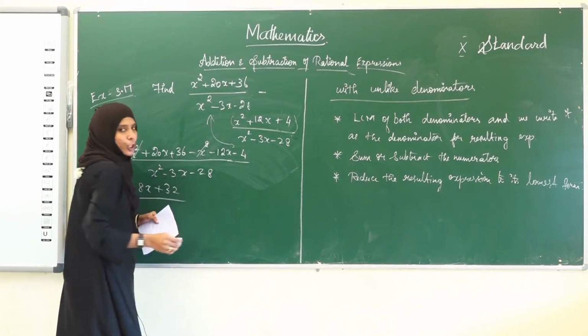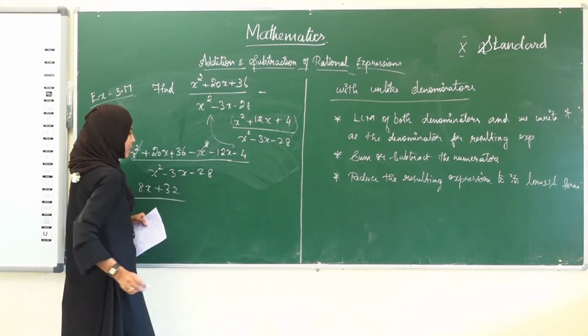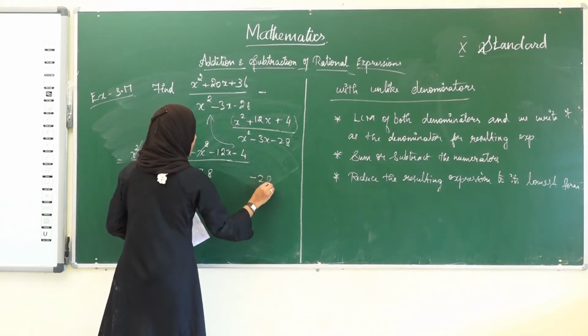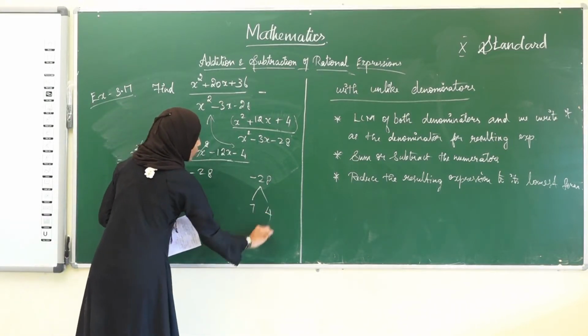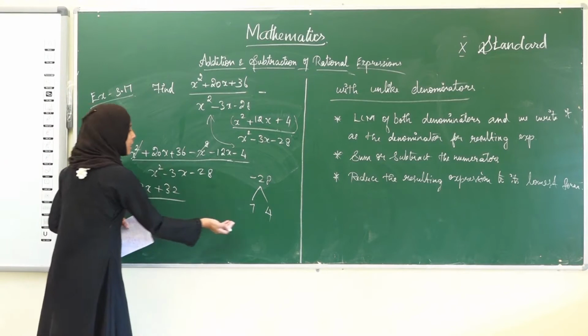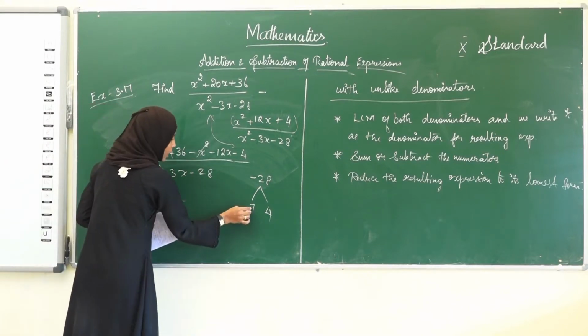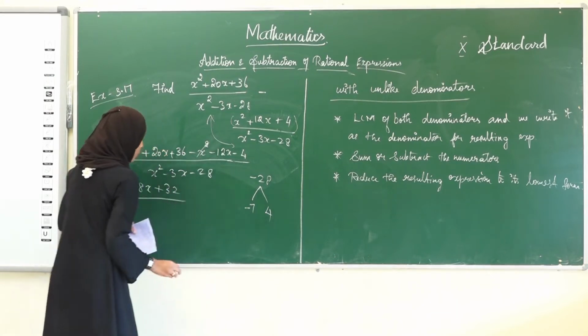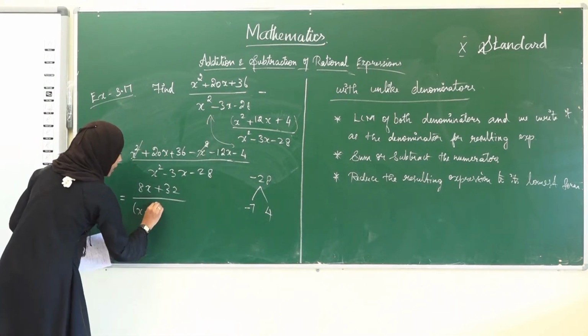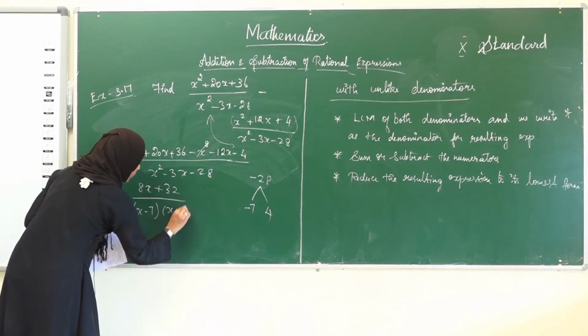This expression we are going to factorize, we are going to find the factors. See, minus 28. How can we factor this? 7 times 4 is 28. When adding, we should get minus 3. If we add, we get minus 3, and if we multiply, we get minus 28. Therefore, x minus 7 into x plus 4.